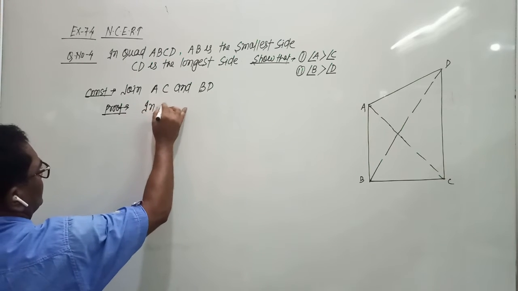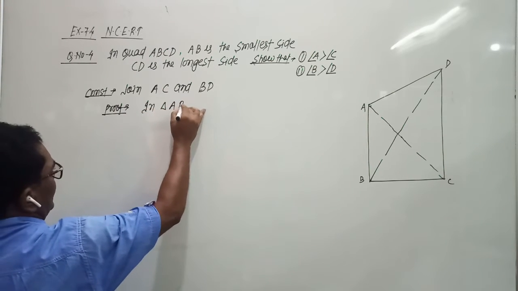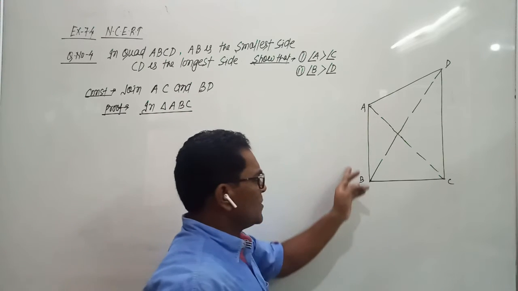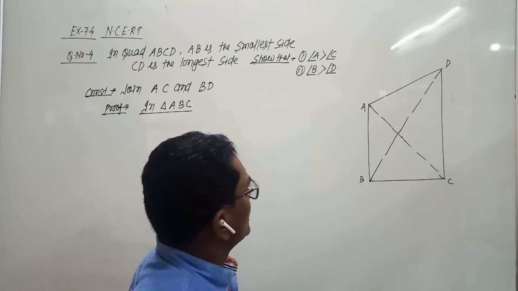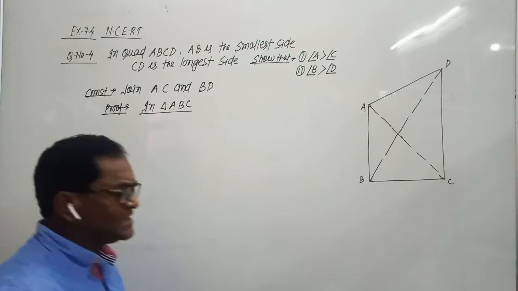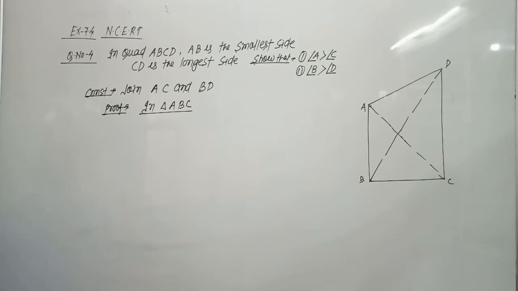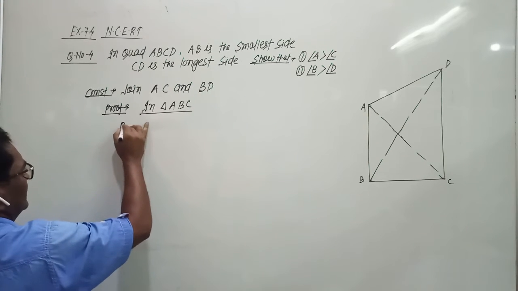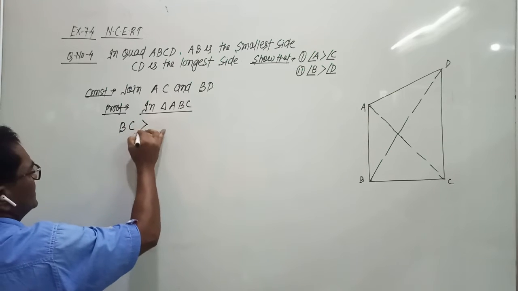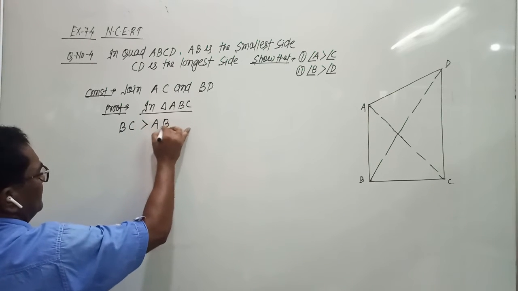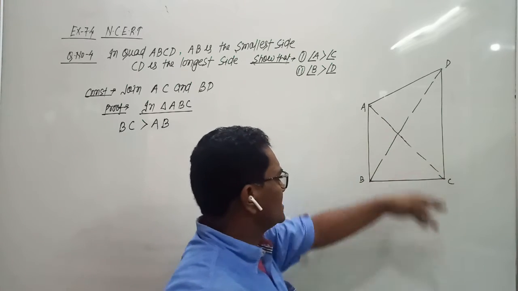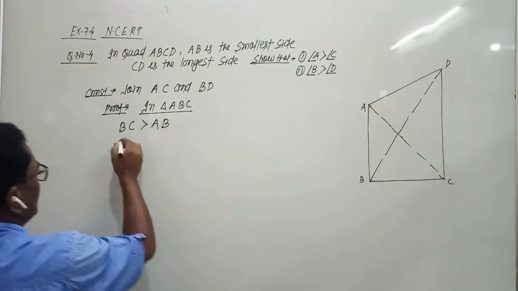In triangle ABC, AB is the smallest side. Therefore, BC is greater than AB, because AB is the smallest side. And angle opposite to side BC is angle BAC.